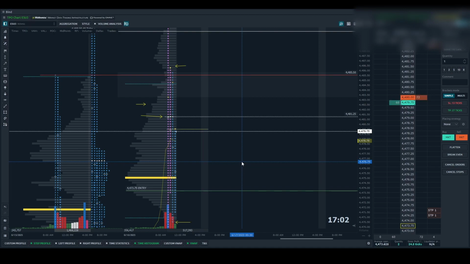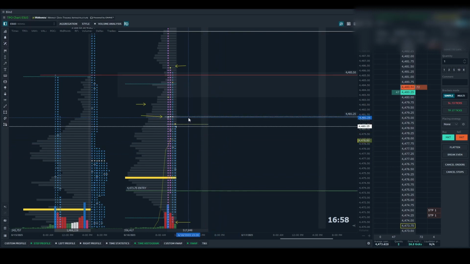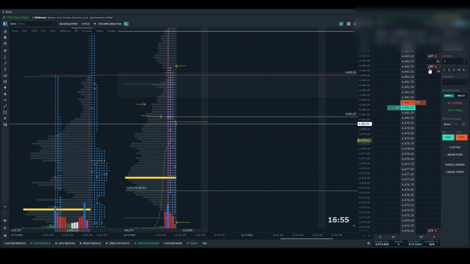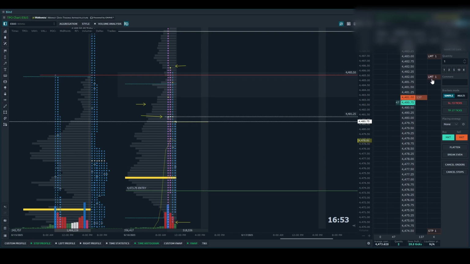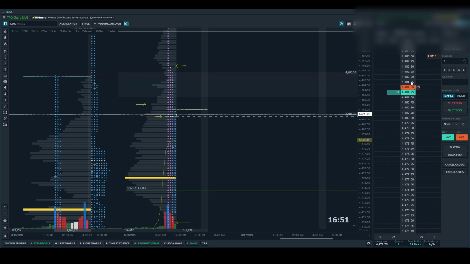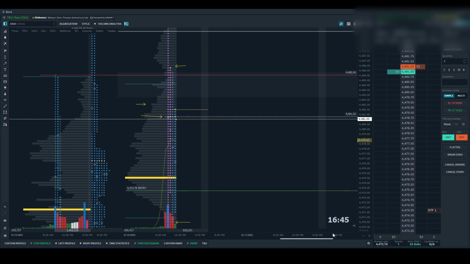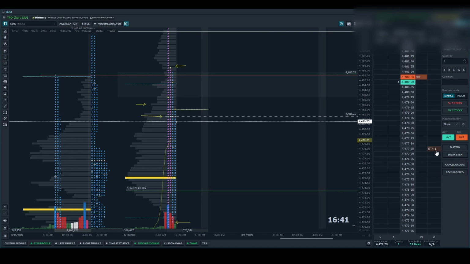I think you could easily make a case for taking your first one here, halfback, right there. Now let's extend this one up higher. And then let's bring our stop up so we're not giving up too much of this.